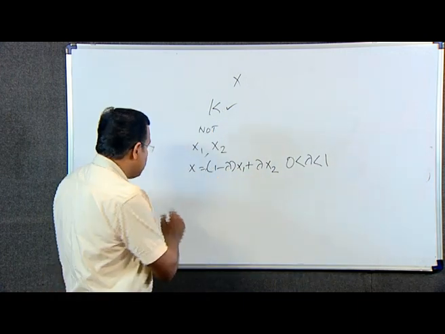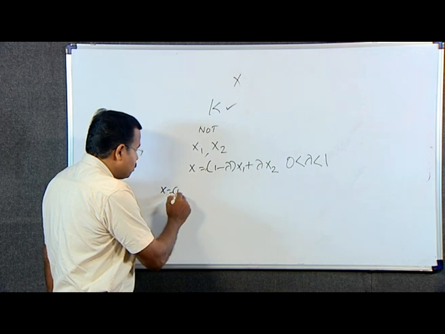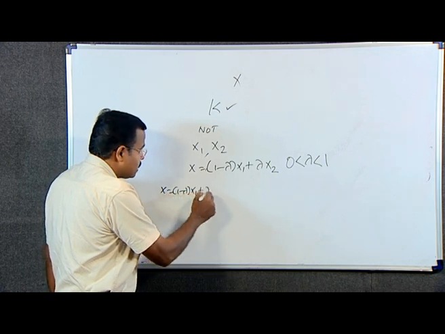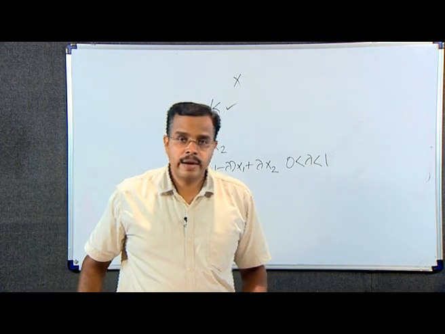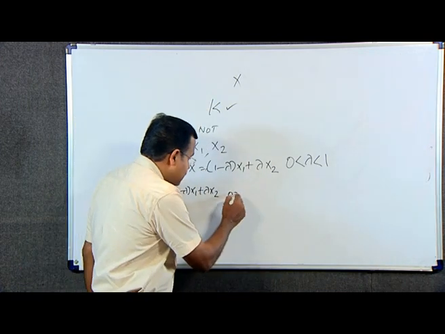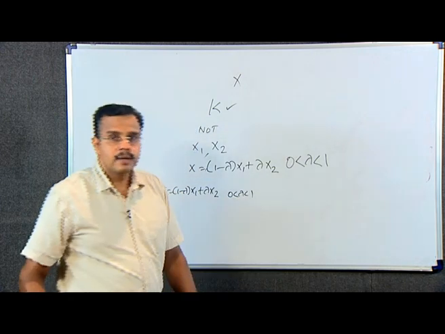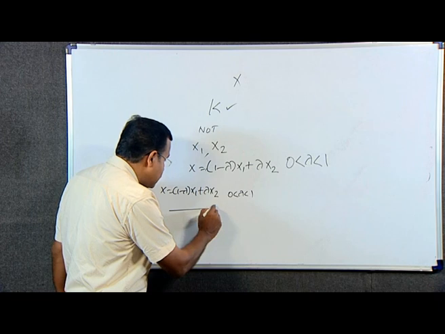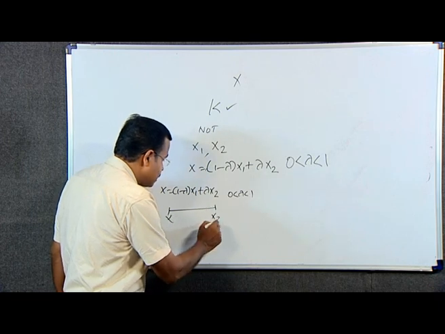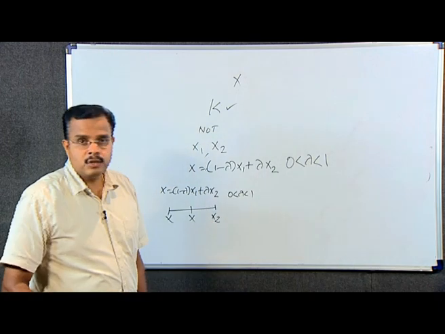If x = (1 − λ)x1 + λx2 where 0 < λ < 1, then x is a point on the line joining x1 and x2.